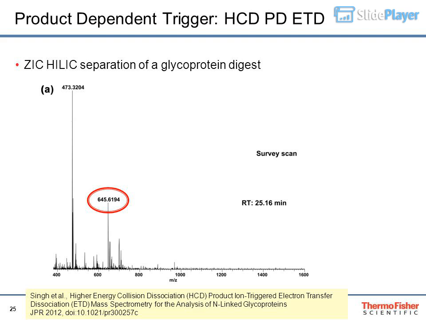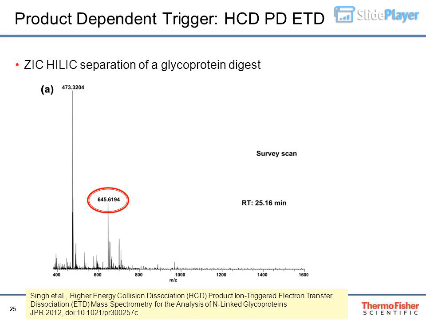If peaks at m/z 204.09, HexNAc oxonium ion, or 366.14, HexHexNAc oxonium ion, plus or minus m/z 0.05, were within the top 20 most abundant peaks, a supplemental activation, SA, ETD-MS/MS scan of the precursor ion in the linear ion trap was triggered.